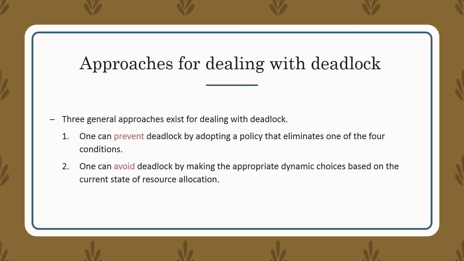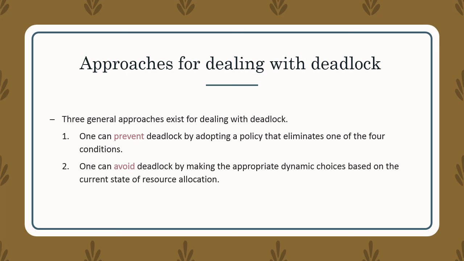Looking at the state of the system, looking at the resources that I have free, looking at the resources that I have already allocated to people, and then looking at a request and figuring out if this request is going to take me to a deadlock or not. The deadlock prevention strategy is enforced at design time of the operating system.